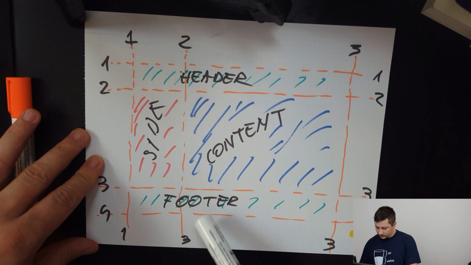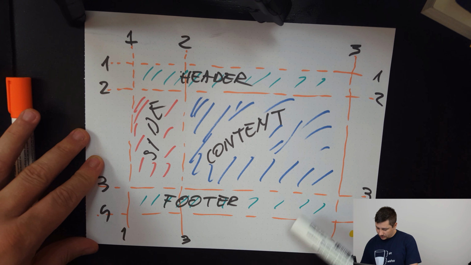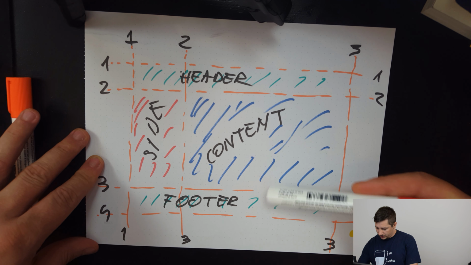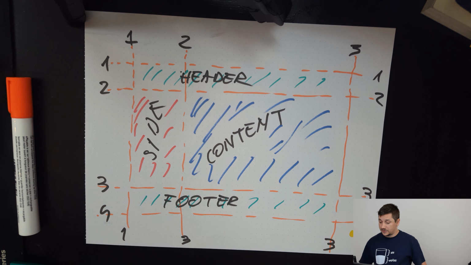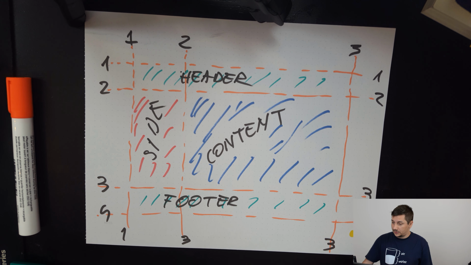And then we also have the footer, which spans from column 1 to column 3 and from row 3 to row 4. So this is how we'll place our content inside the grid. With that being said, let's switch back to our big screen and start doing some styling.